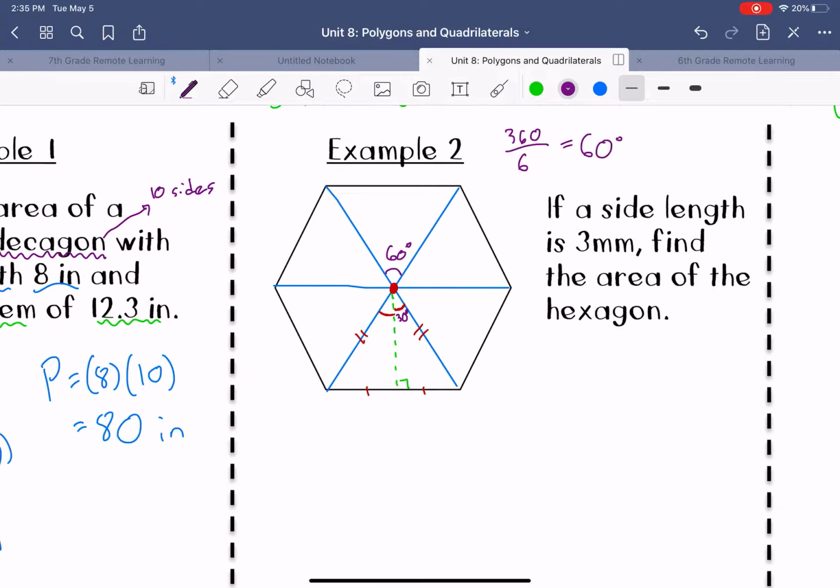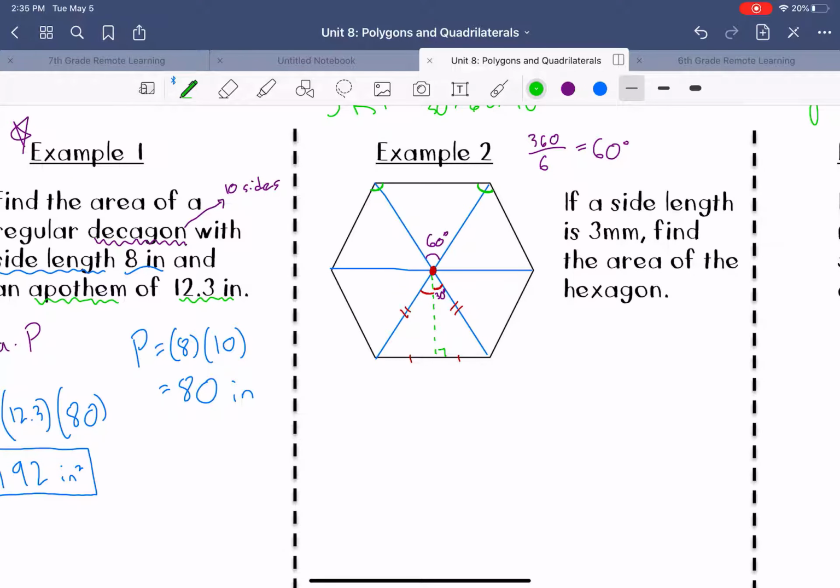Now I also want to talk about the interior angles. That would be that angle right there, this angle right here, etc. So the angles that are formed by the actual hexagon, regardless of the radii that we draw. We know previously from the polygon angle sum theorem that to find the sum of all of the interior angles, we use n minus 2 times 180.